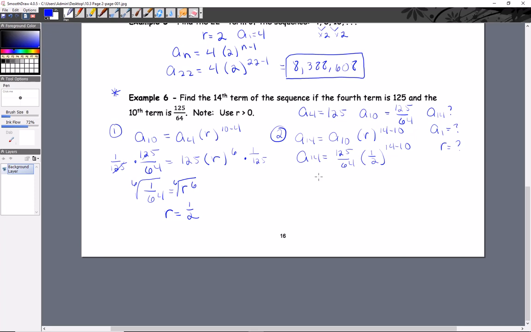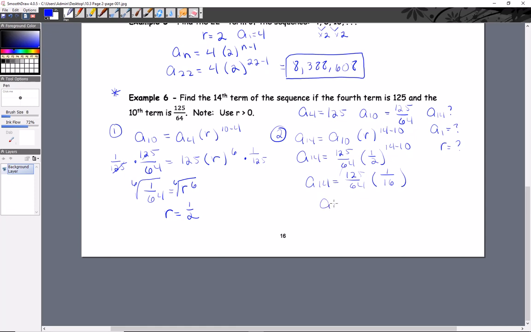So A14 equals 125 over 64, and 1/2 to the 4th power is 1 over 16, and it's just the product of these two right here.